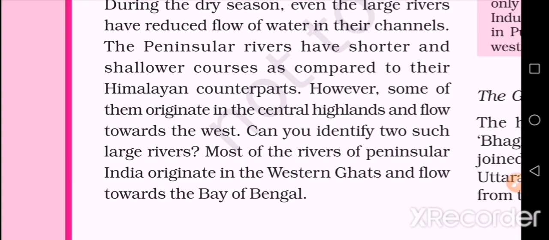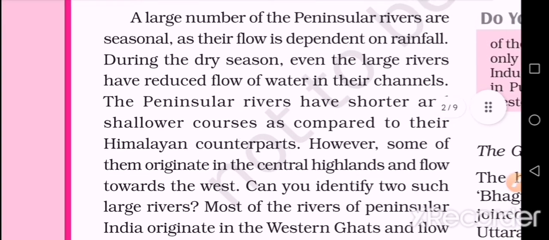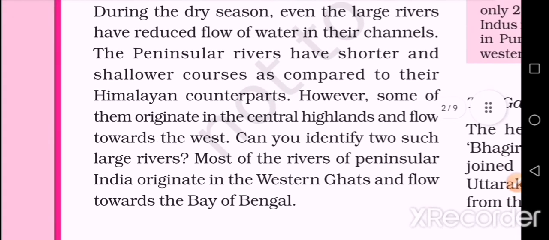Some of them originate in the central highlands and flow towards the west. In peninsular rivers, we have two types of rivers, one is west flowing and the other is east flowing. West flowing rivers originate from the central highlands in Madhya Pradesh and Maharashtra and flow towards the west.